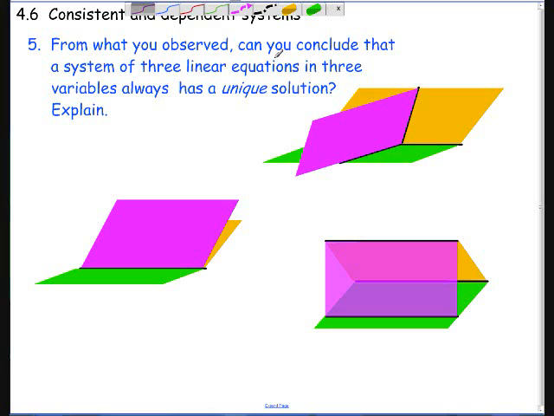From what you observed, can you conclude the following? A system of three linear equations in three variables always, that's a key word, isn't it, has a unique solution. From what you observed, would this be a proper conclusion?